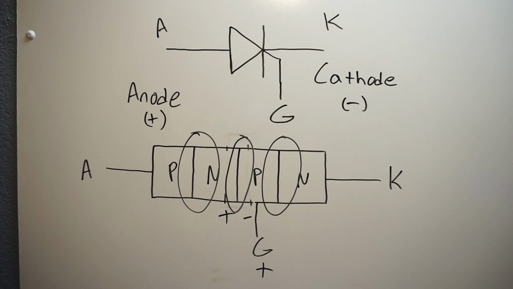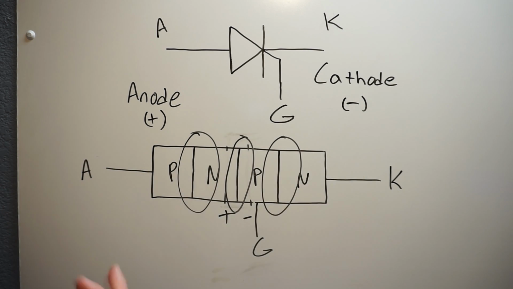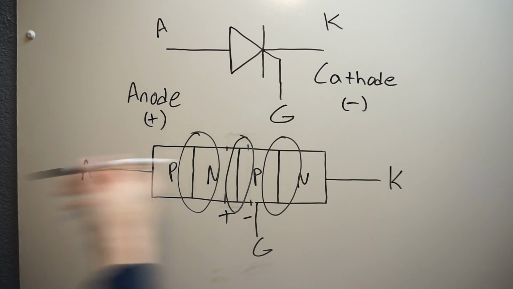So even once you remove this voltage, let's just assume now you've turned the gate off and there's no voltage going to there, this SCR will continue. It'll turn into a latching state, and as long as you're above the latching current or holding current level, it'll continue to conduct until you fall below the holding current.